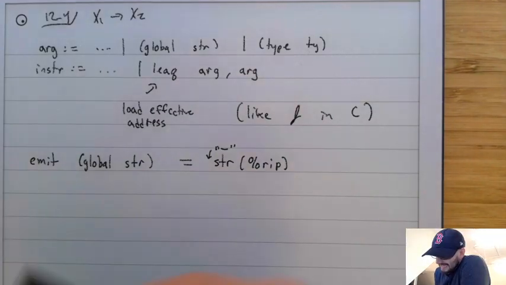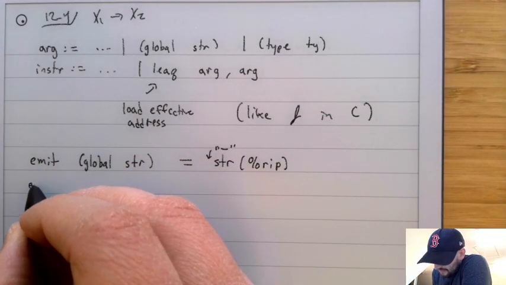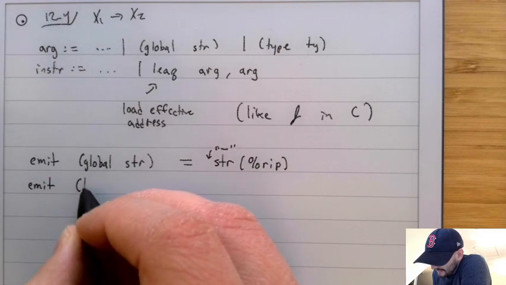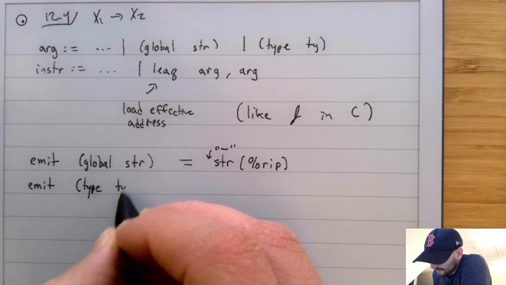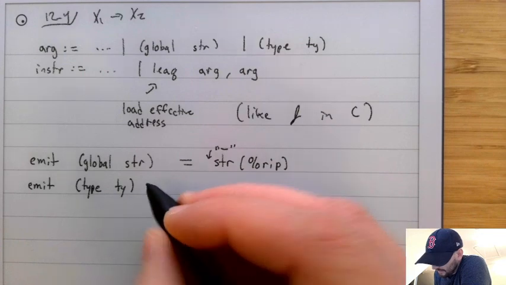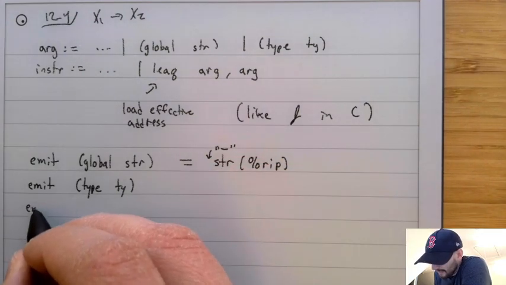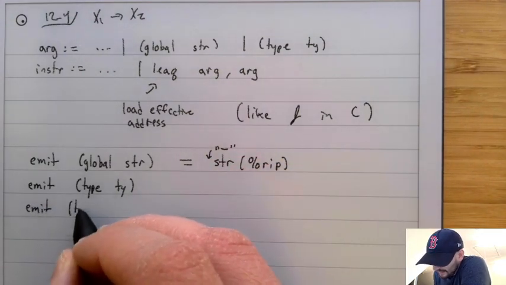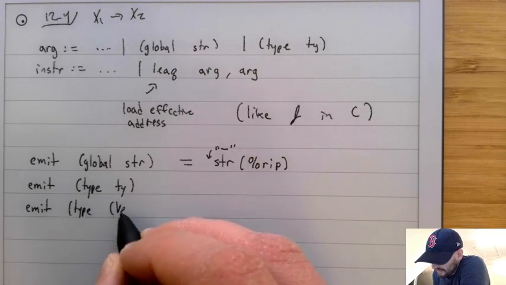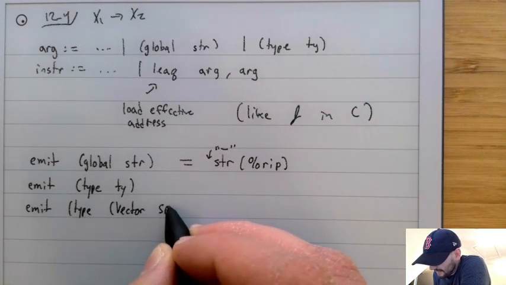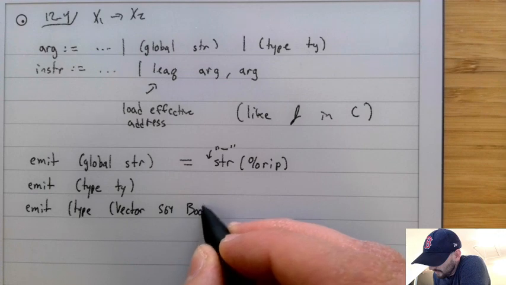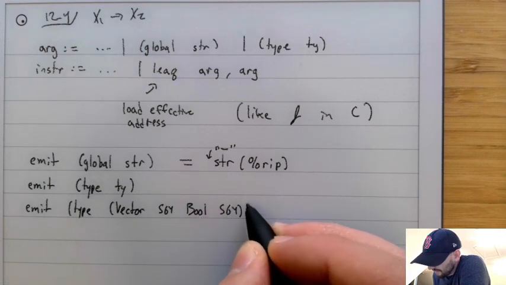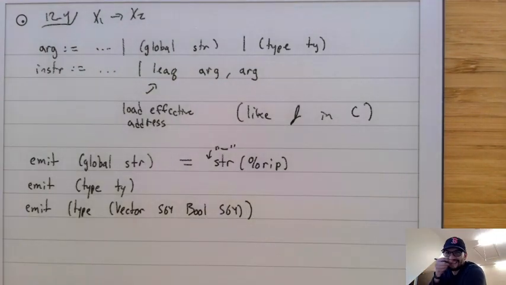Okay. Now type, that's the more interesting one. How are we going to emit a type? An example would be: how are we going to emit type vector S64 bool S64? What does that even mean?